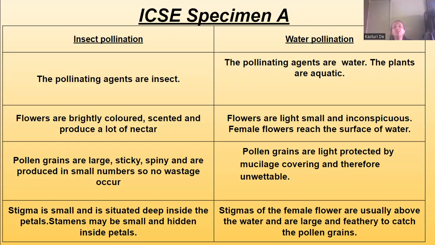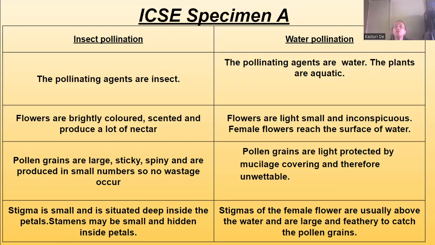And in insect pollinated flowers, the pollen grains are large, sticky, spiny, and are produced in small numbers, so no wastage occurs. Okay. But in case of water pollination, a large amount is produced and they are lightweight, and they're protected by a mucilage covering so that they do not become wet.